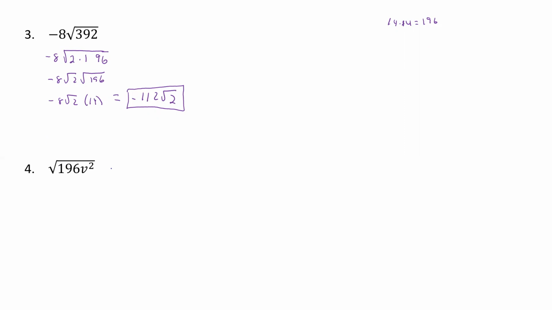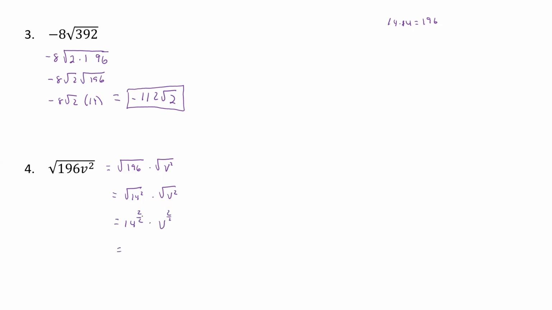And so this is one with a variable. And so we're going to have the square root of 196 times the square root of v squared. Now, if we want to, we could rewrite this as the square root of 14 squared times the square root of v squared. And then if we wanted to use the power and make them fractions, that's equal to 14 to the 2 over 2 times v to the 2 over 2.